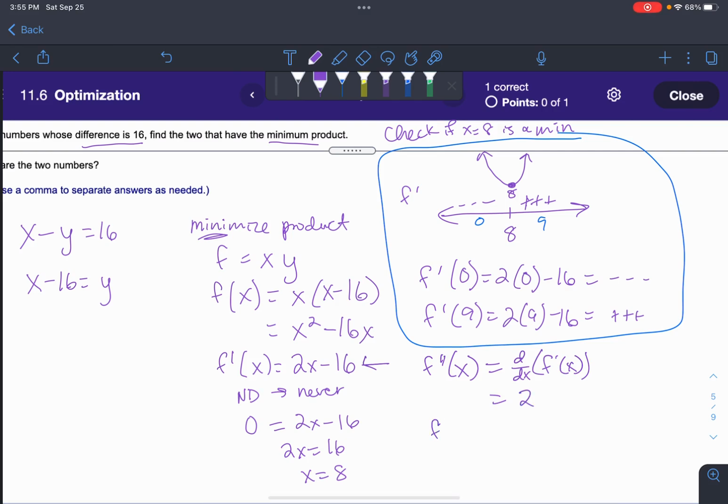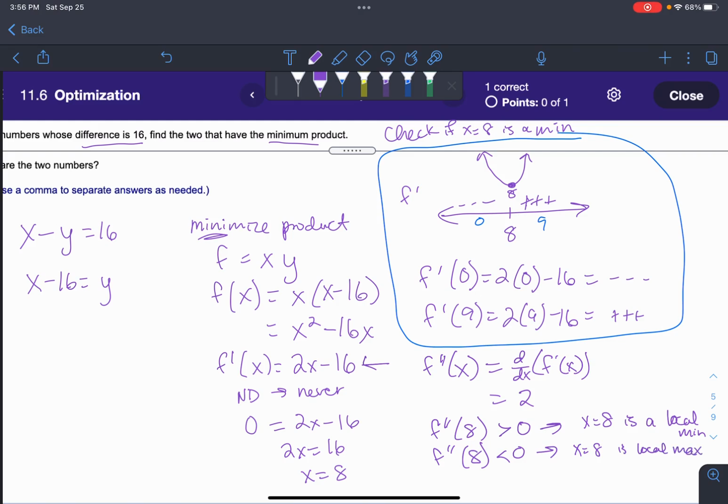And if my second derivative is positive at 8, let's say, or whatever critical point, if it's positive, then x equals 8 is a minimum, a local min. If my second derivative were negative at that point, then x equals 8 is a local maximum. Okay, so it's kind of opposite, counterintuitive.